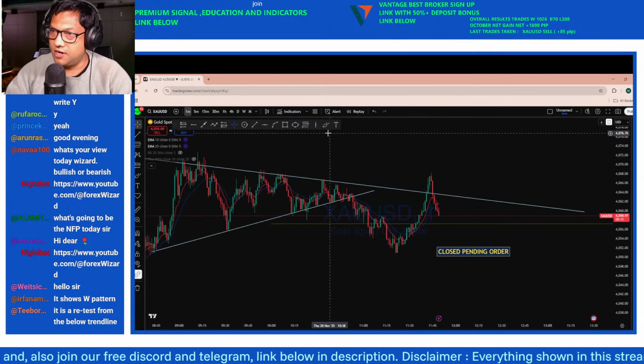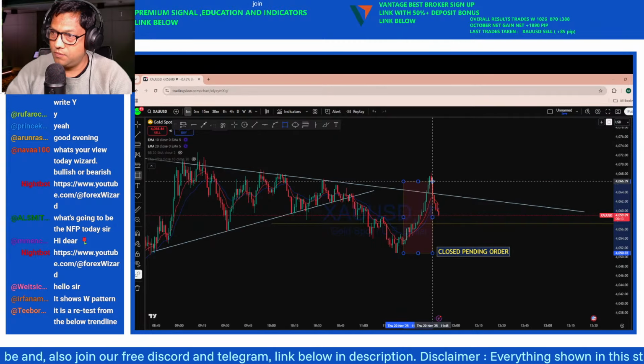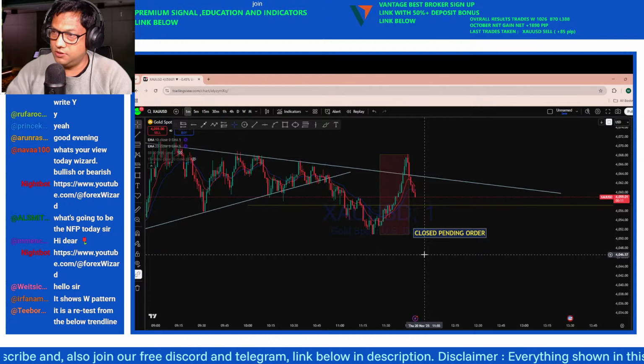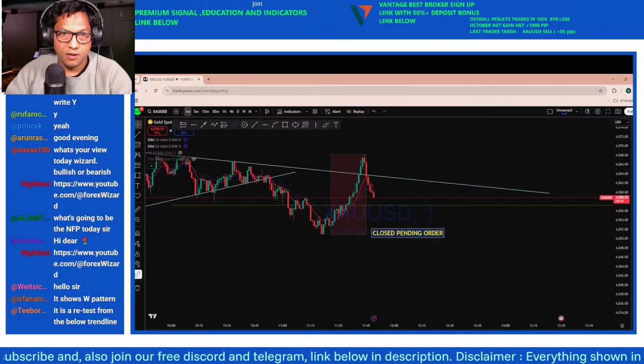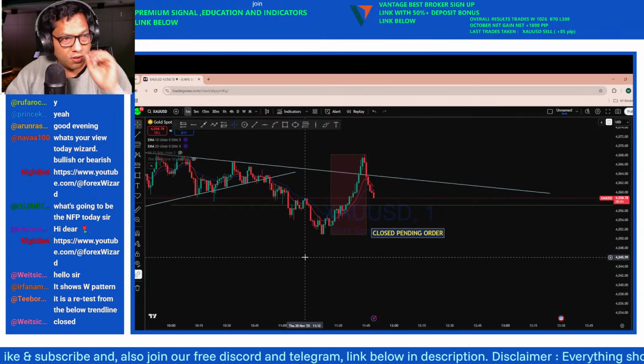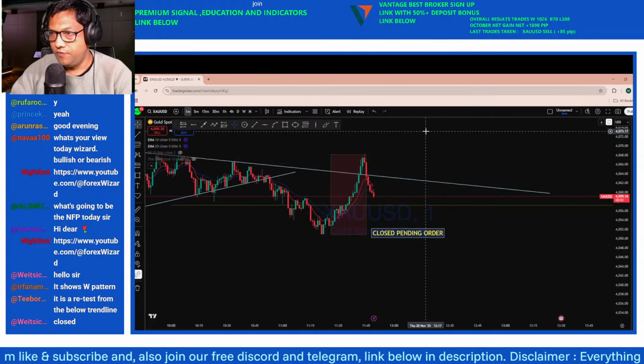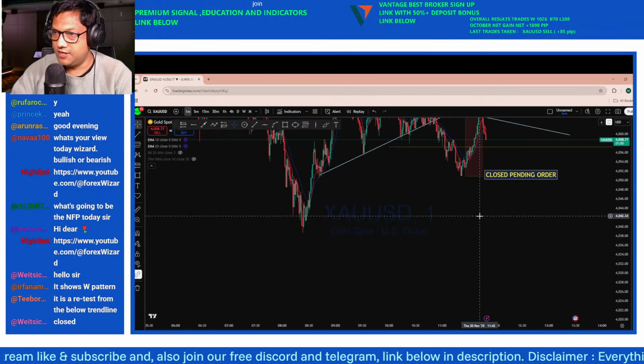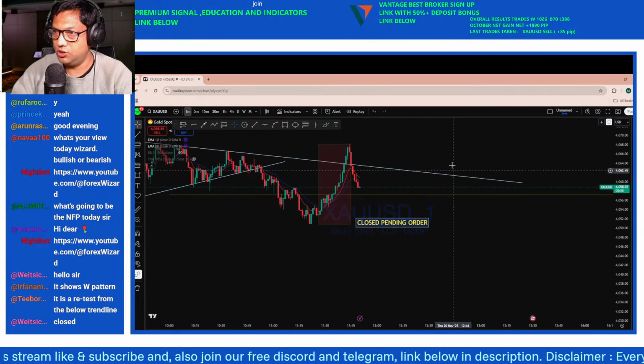This might be entirely a fake out, and this price may potentially continue to drop back below to the support. In that case we might see the market coming back to this lower shadow here.